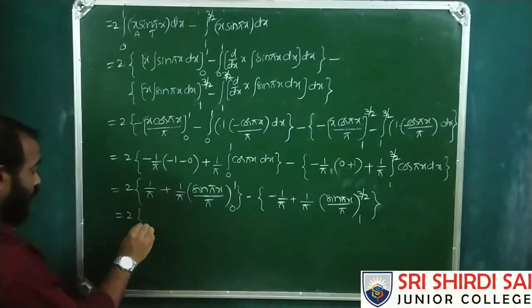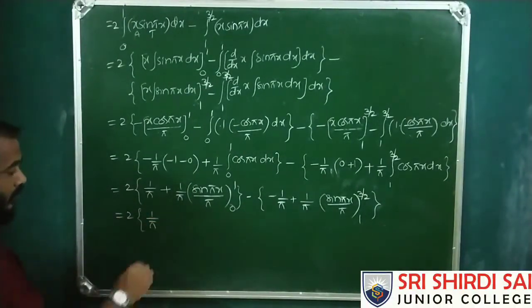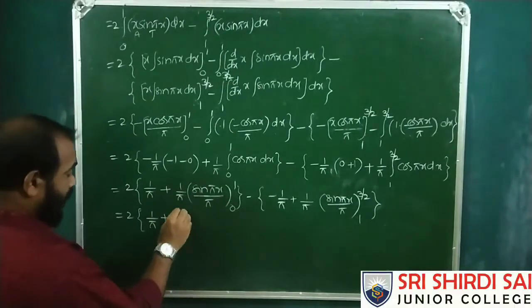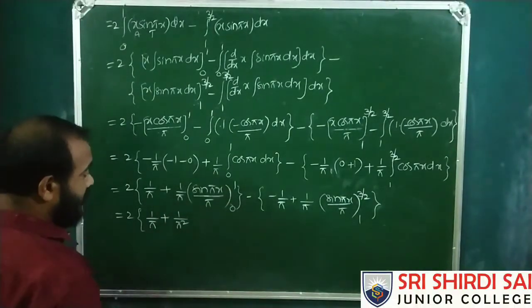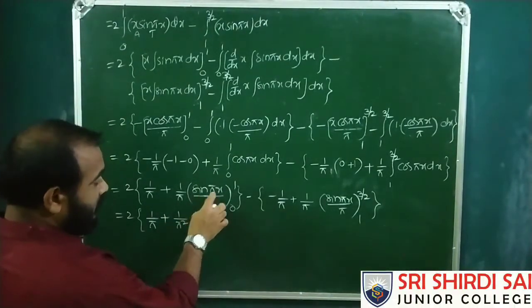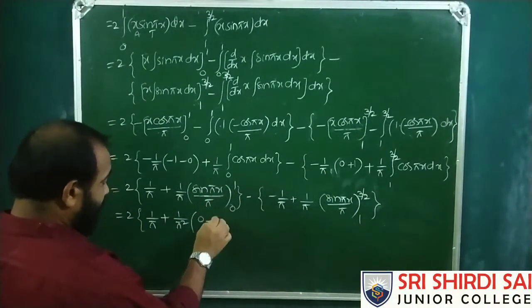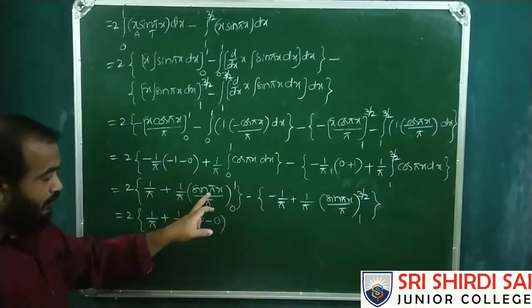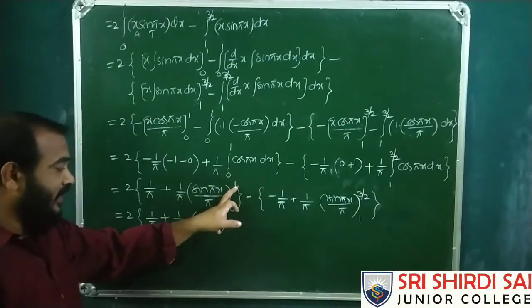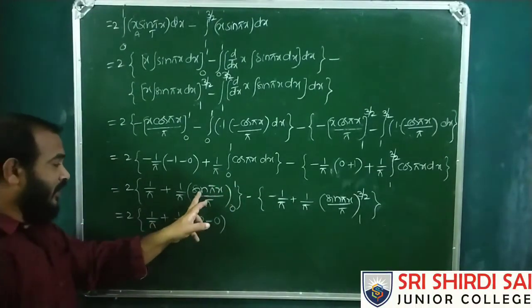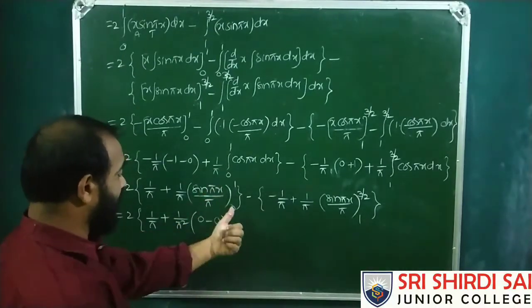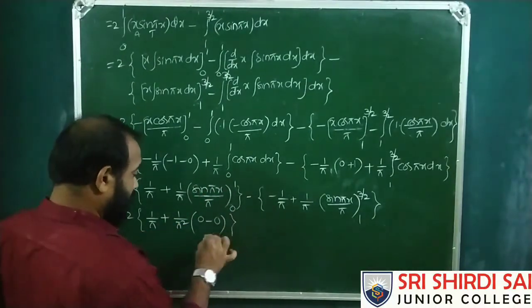Now 2 into 1 by pi plus 1 by pi square, sin pi value, sin pi into 1, sin pi value is 0, minus this is 0. Sin pi into 1 is sin pi, sin 180 is sin 90 plus 90, cos 90 is 0, sin pi into 0 is 0, this is over.